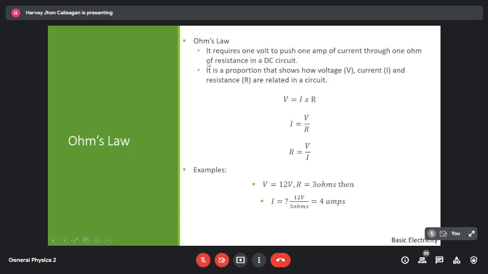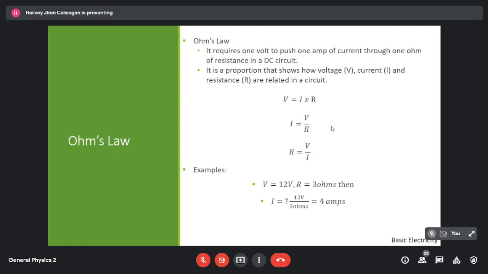So for us to elaborate more about the use of the Ohm's law, we have here a sample problem. Okay, a sample given. If we have a voltage of 12 volts and a resistance of 3 ohms, then we're looking for the current.